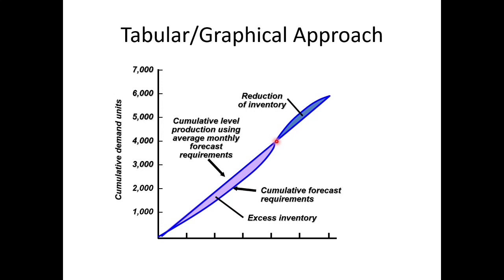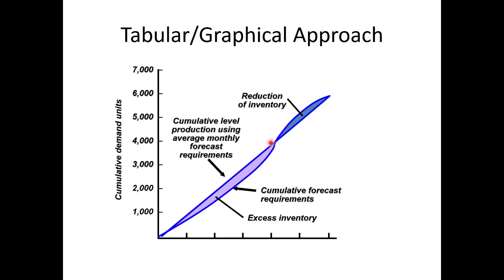After that, you will see the opposite happen: the cumulative demand will be higher than the cumulative production capacity, and that's the period in which you start taking from the inventory that you have built up in the previous periods.